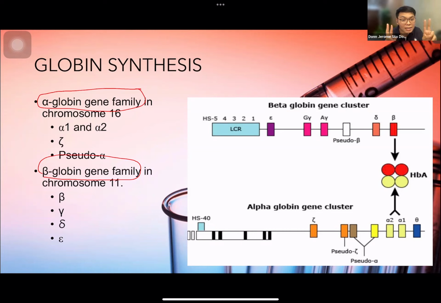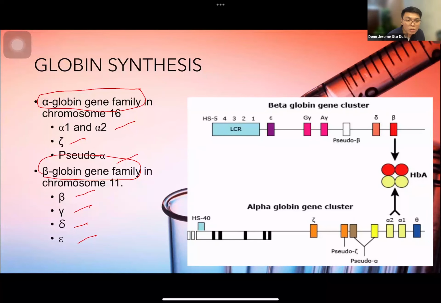Sa normal ha, tatandaan nyo. Members of the alpha globin gene family include alpha 1, zeta, and pseudo-alpha. Beta globin gene family includes beta, gamma, delta, and epsilon.